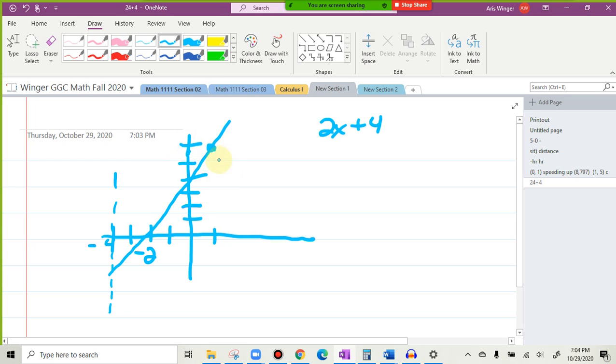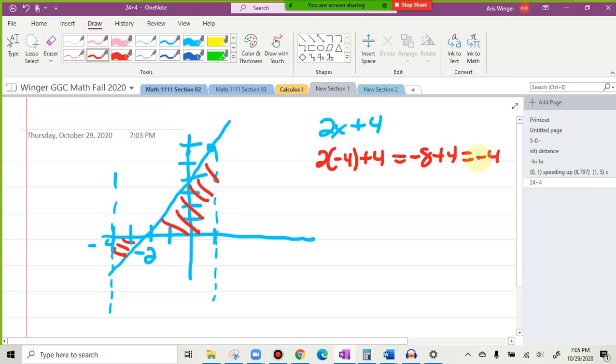So it's this net stuff here, and we're just going to have to keep track of the signs. At -4, the value is 2 times -4 plus 4, which is -8 plus 4 is -4. So this is 1, 2, 3, 4. So this is -4.